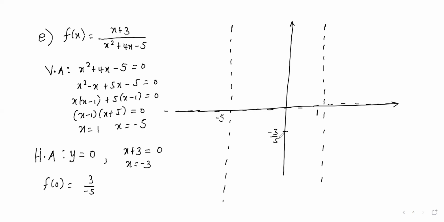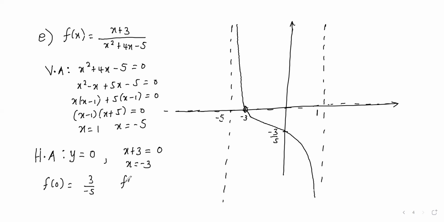But at -3, we have identified that there will be an intercept. So this is going to come like that, but we're going to put a hole here. And then put a graph like that.